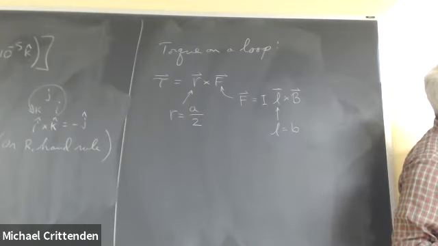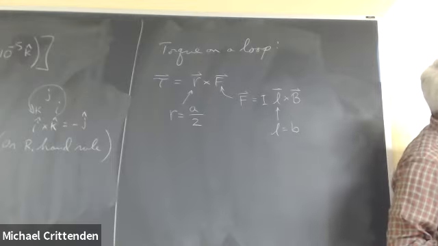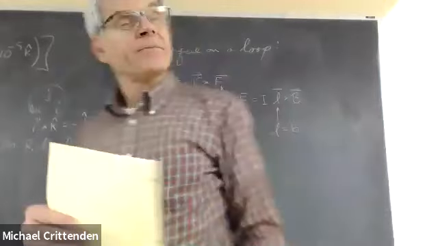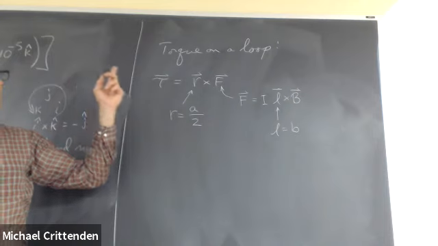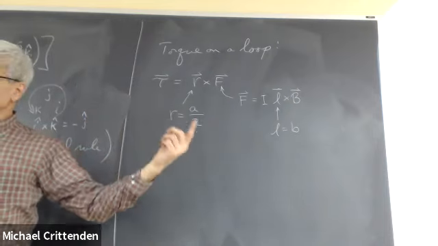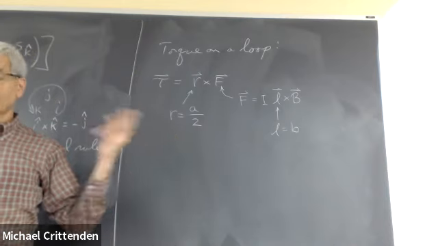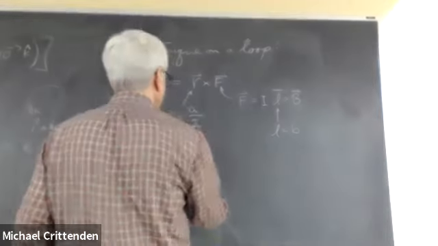From that axis out to either wire 1 or wire 2 would be 1/2 of A. So you use R cross F to calculate the torque on wire number 1, and also on wire number 2, and you add them together to get the total torque on the entire loop. And this is the part where I'm going to kind of summarize.